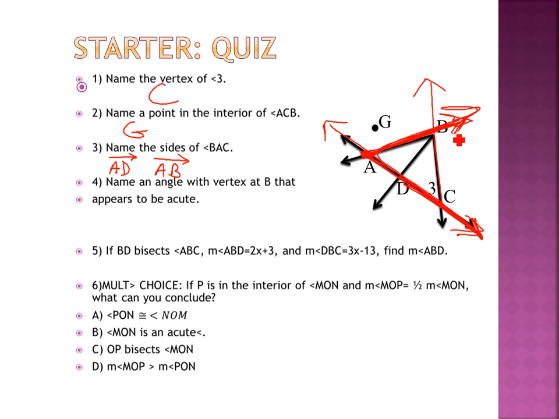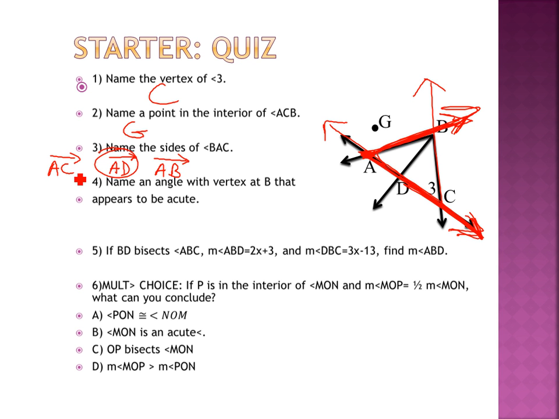Now, when Allison's saying ray AC, what ray did she name again? The same one that she named the first time. Ray AD and ray AC are actually the same ray because they have the same starting point and they both go out in that direction forever and ever. So another way you could name this one would have been ray what? AC, if you wanted to name that a different way.